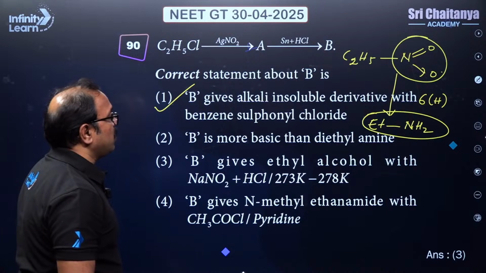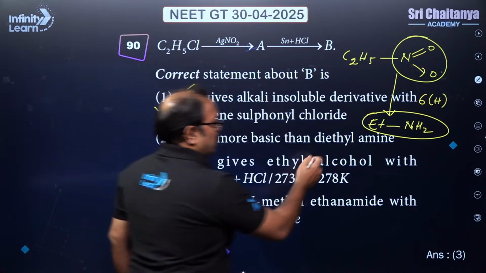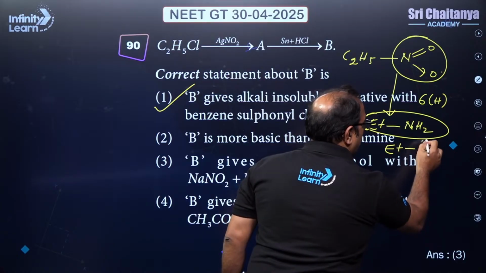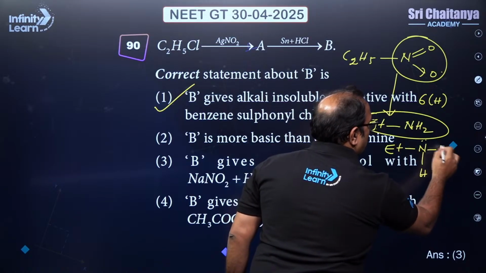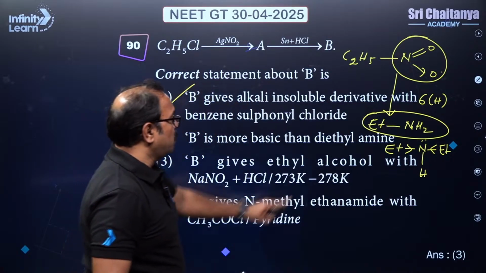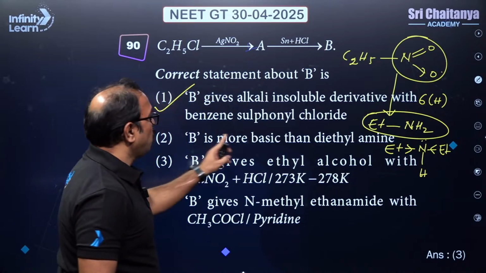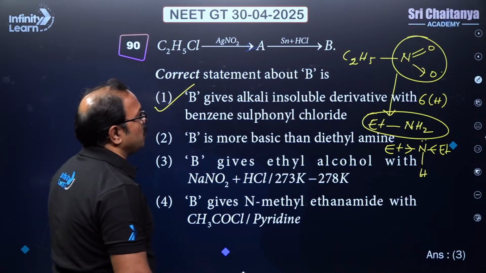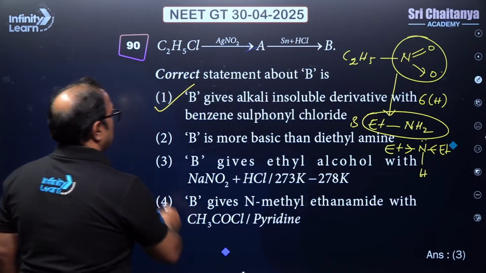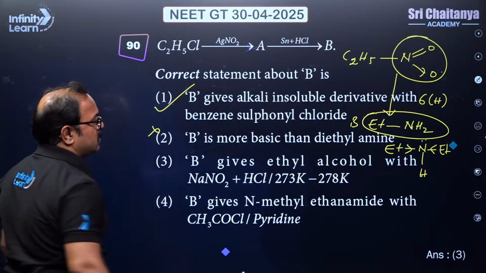B is more basic than diethylamine, he says. Diethylamine is pumping more electrons onto the nitrogen, so diethylamine obviously will increase electron density on the nitrogen. Therefore B is not more basic than diethylamine. Here it is an incorrect statement.